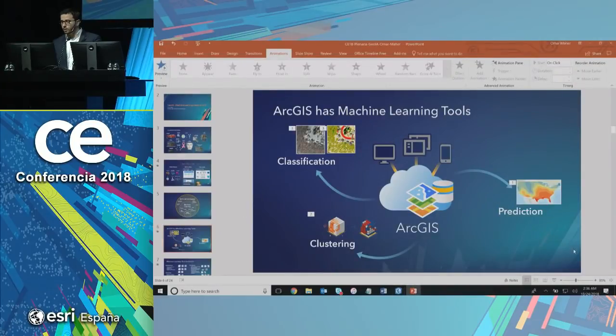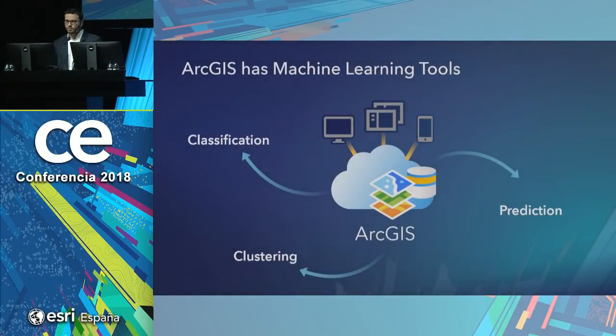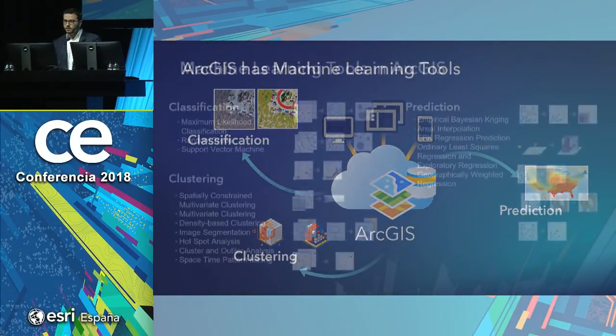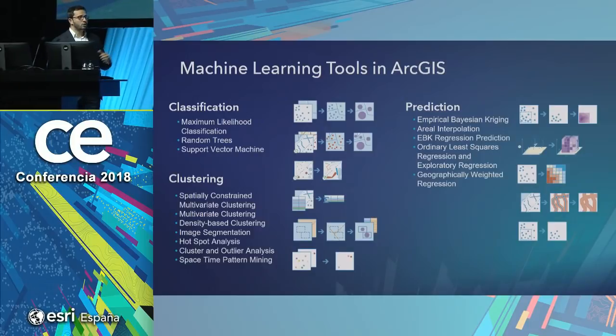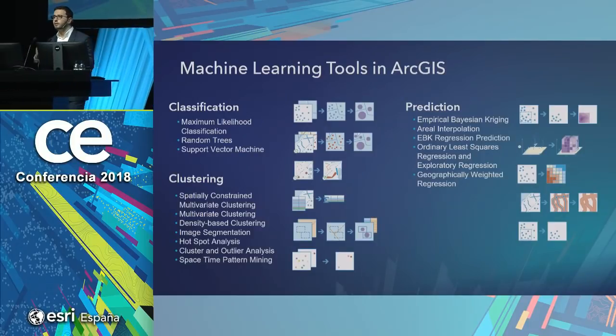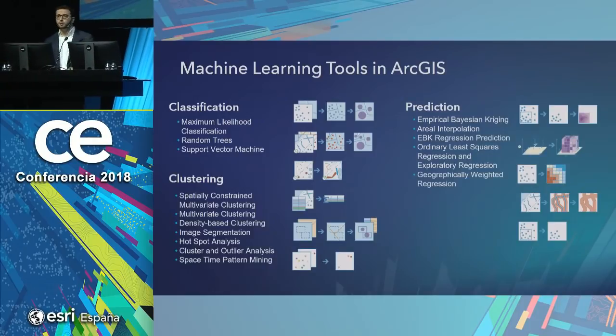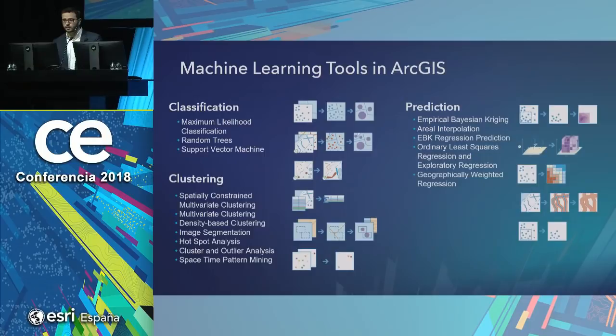And in fact, we have a lot of these tools, not only the techniques that we have just seen. So we have prediction tools, classification tools, clustering tools. And these are using machine learning without the need to write any piece of code. And I really invite you to play with those tools if you haven't already, because they are extremely valuable.